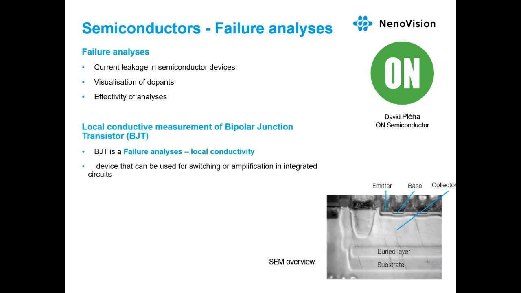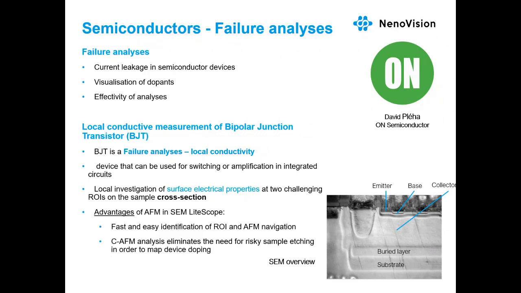The example is a bipolar junction transistor, where there is some wrong function, so we need to do the failure analysis and use local conductivity exactly on the specific place to be able to localize the defect and then change it in production. So we did the local investigation using AFM to measure the local electrical properties, but it has to be done in the cross section.